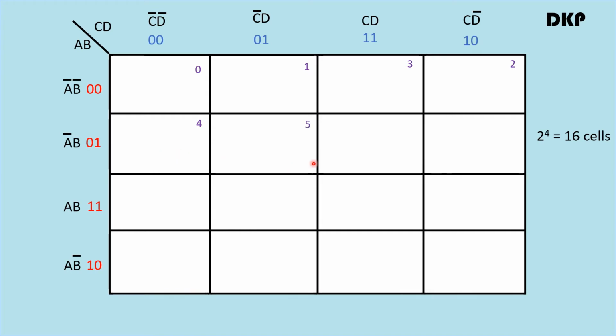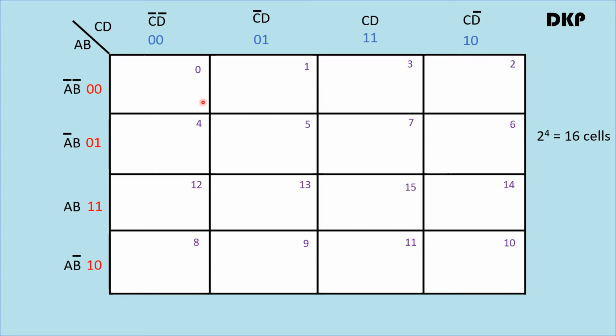Similarly, M4, M5, M6, M7. This cell represents M8, that is, after 01, we have 10. Therefore, this represents 8, then M9, M10, M11, M12, M13, M14 and M15. So these 16 cells represent 16 minterms.